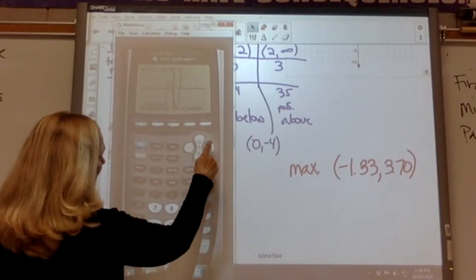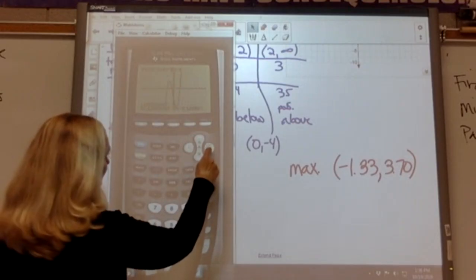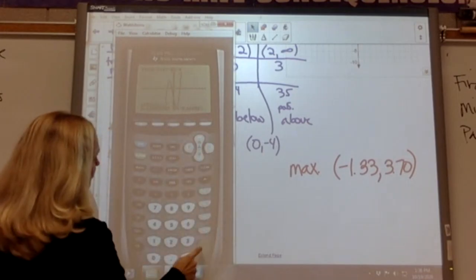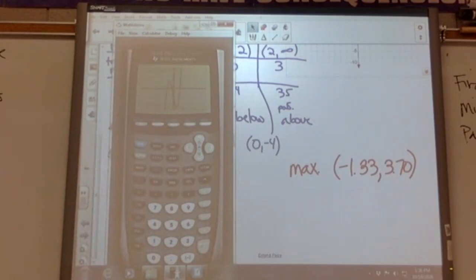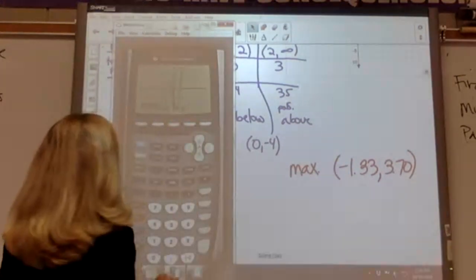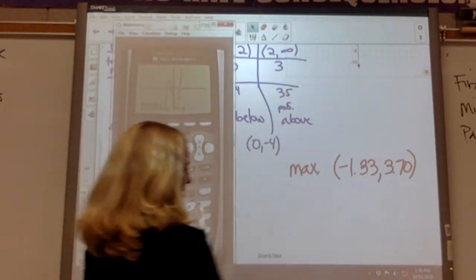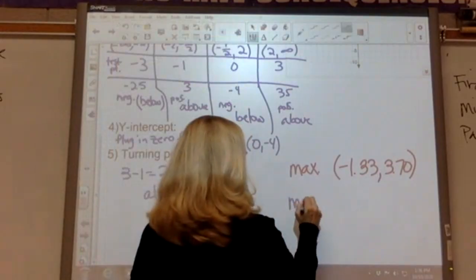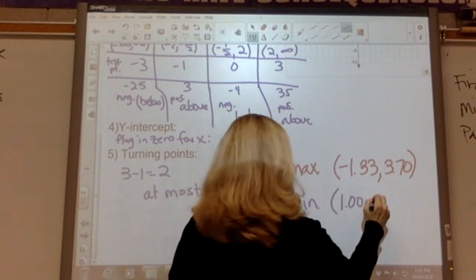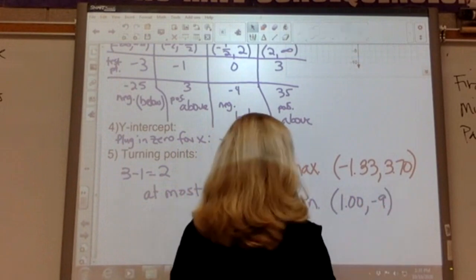Now I'm going to go to the right side of the little valley. Right, press enter, then try to get on the low point, press enter. So I get about 1, and so I guess it's 1, -9. Yeah. So the minimum is 1.00 and then -9.